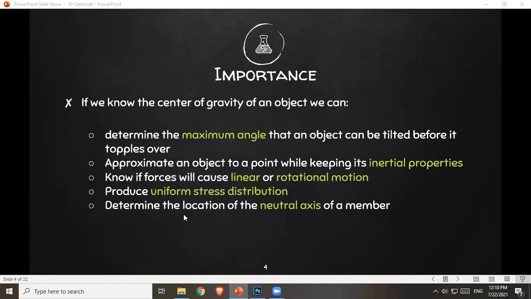And then lastly, we can determine the location of the neutral axis of a member. Neutral axis is a term you're going to hear a lot when you get to your higher mechanics, or rather design subjects if you have any. The neutral axis passes through the centroid of the cross-section of the beam, and it is important in computing for bending stresses.